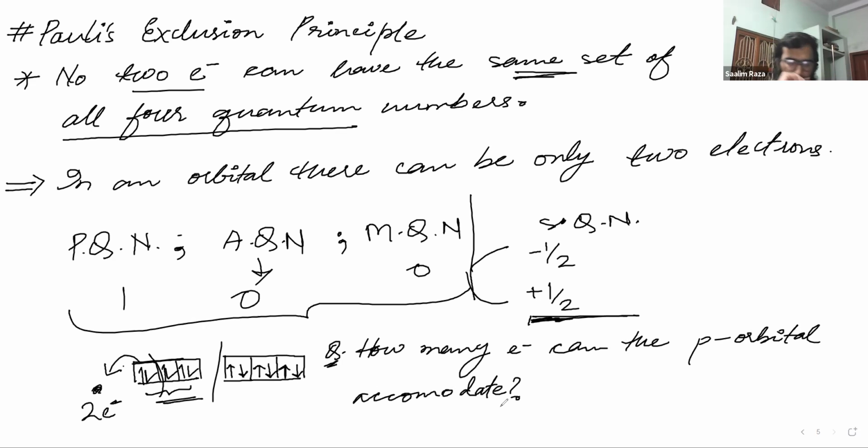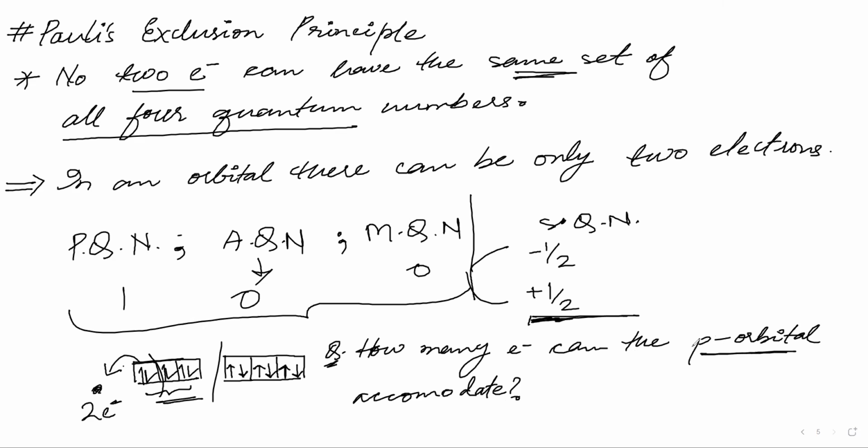What would be the answer? So p orbital... 8 electrons? Oh my god. 6 electrons? Again wrong.